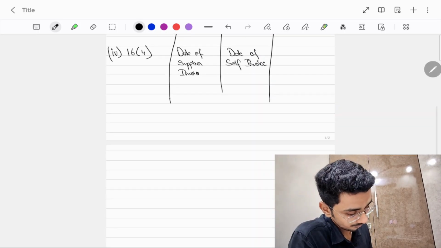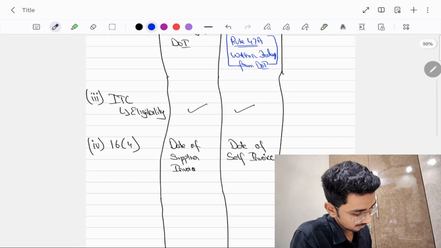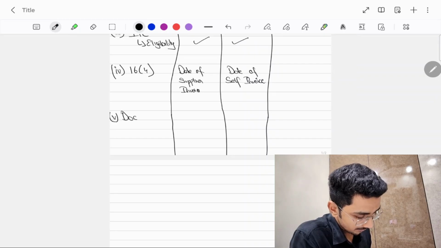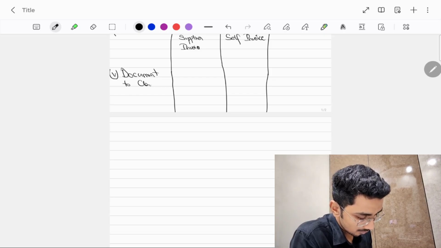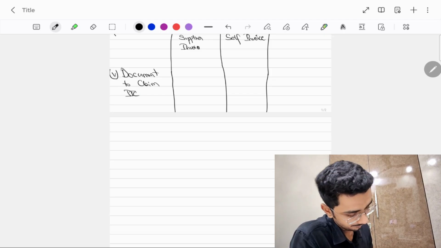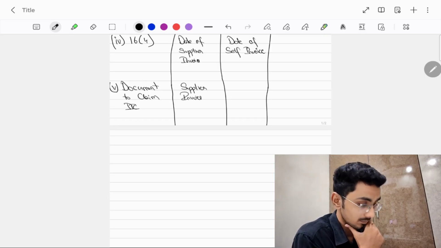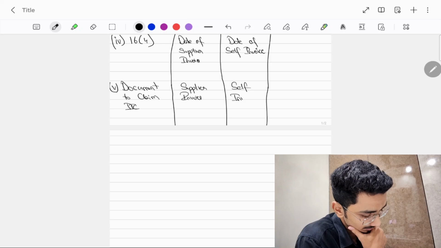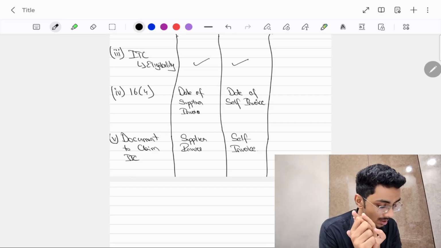We'll also cover one more aspect: the document to claim ITC is the supplier invoice, and in this case, a self invoice is required.